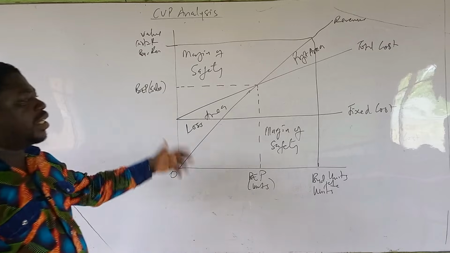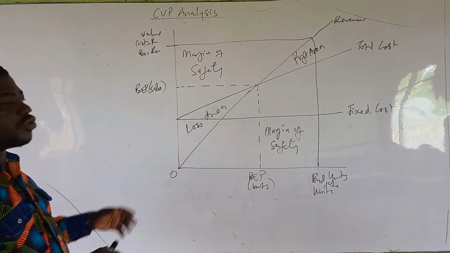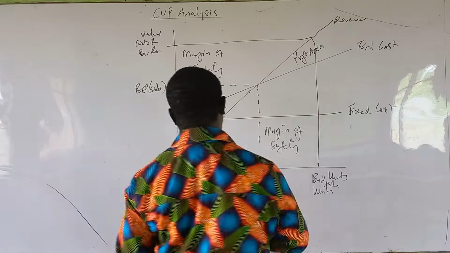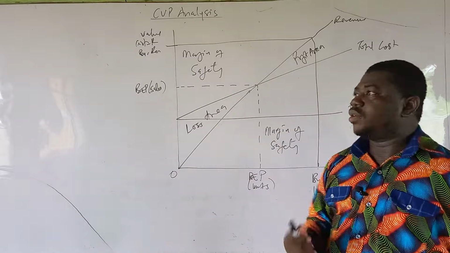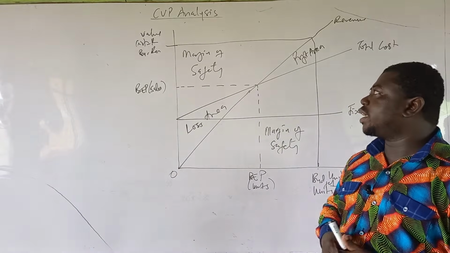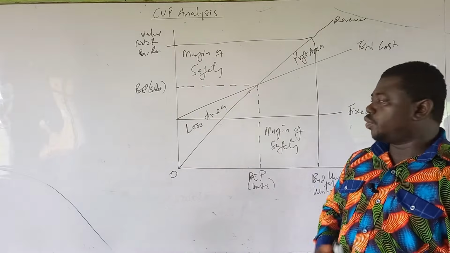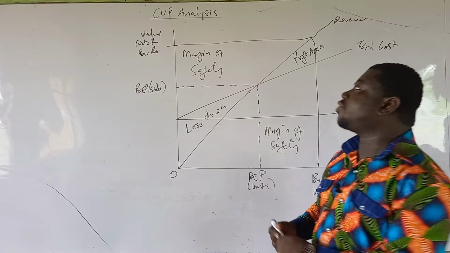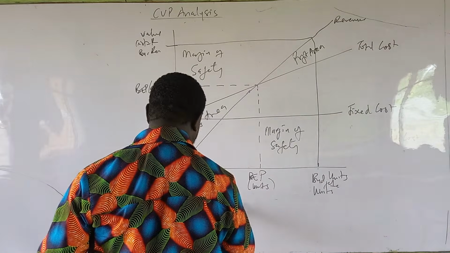Some of you have seen this diagram over and over again, but you've struggled to interpret it. But I have tried to use that which I did earlier to help you understand the chart very well. So this is the break-even chart. This is the traditional break-even chart.